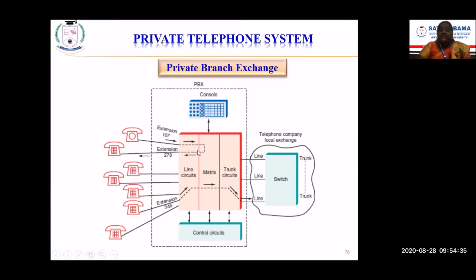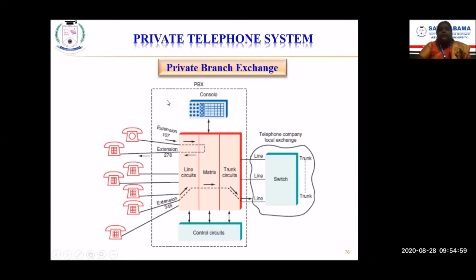The switches are automatically controlled by these control circuits. Whenever a particular line call is initiated, it checks whether that particular line is free or not, and the call is automatically routed. There will be trunk circuits and the telephone company or the local exchange to which we get connected.